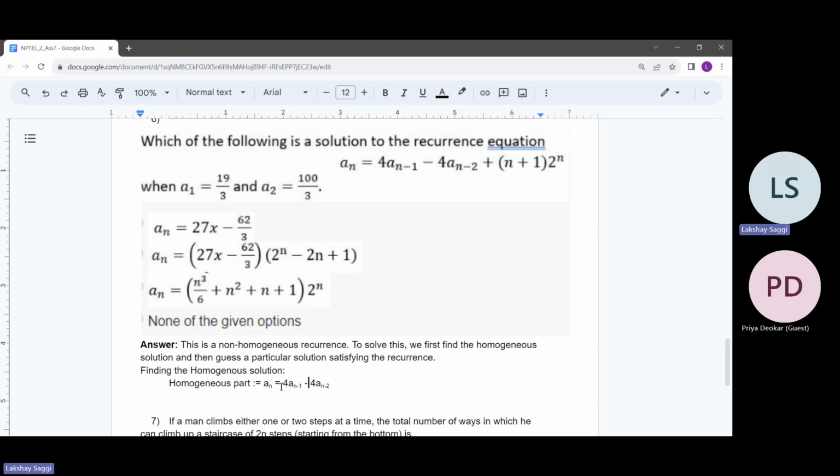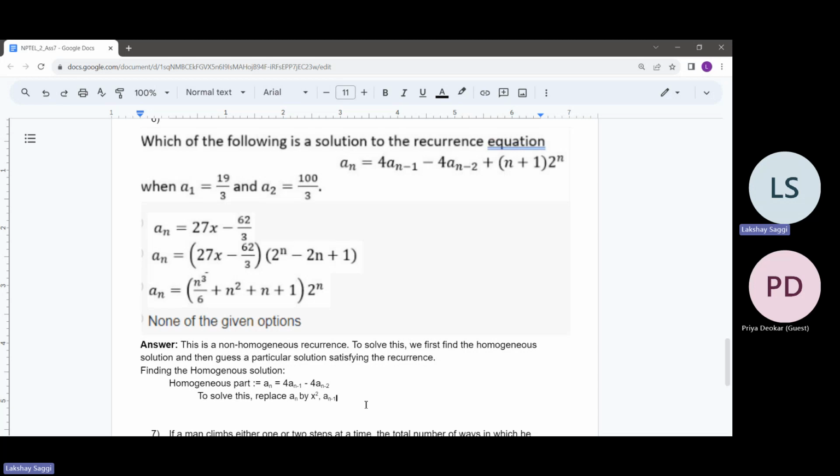We know how to solve this. We have covered this in the last session also, and it is straightforward. We replace a of n by x squared, a of n minus 1 by x, and a of n minus 2 by 1.